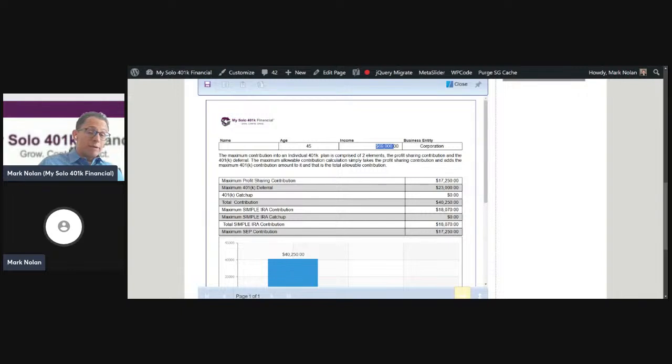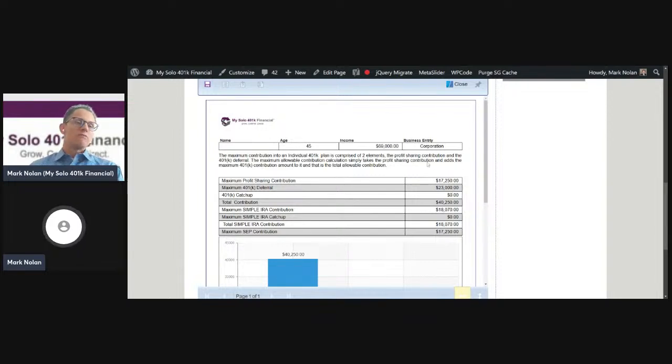So based on $69,000 of W-2 wages, you're going to be able to contribute that entire $69,000 as a voluntary after-tax solo 401k contribution for tax year 2024, and then you'll be able to convert it over to the Roth solo 401k plan. So the calculator doesn't do a very good job here because it's talking about profit sharing, employee.